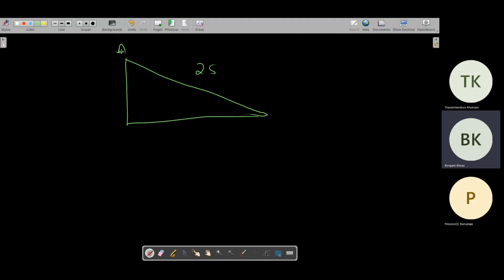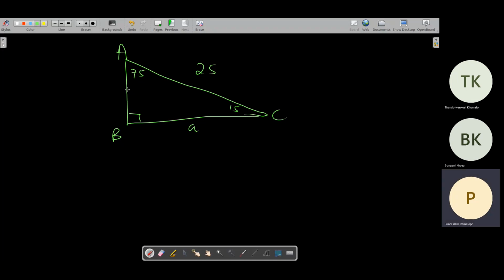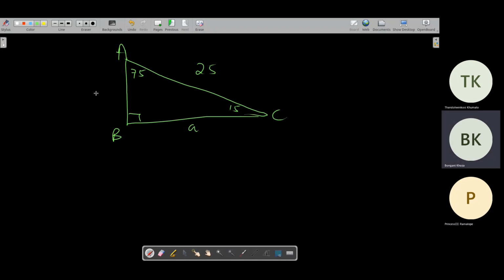This is A, this is C, this is B, a right-angled triangle. The unknown is A, small a. And here we had solved this to 6.47.